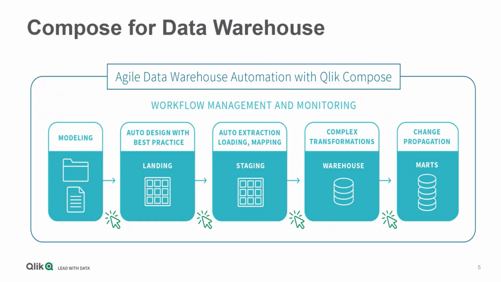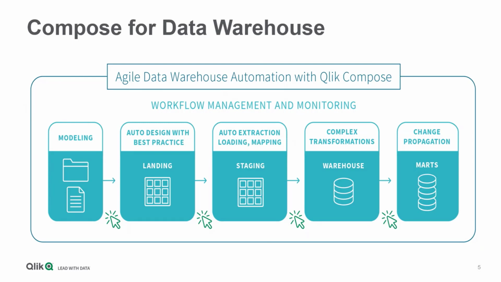We then additionally automatically generate all of the mappings to map the data that is arriving in the storage layer into the landing area of your data warehouse, and map that into your data model.